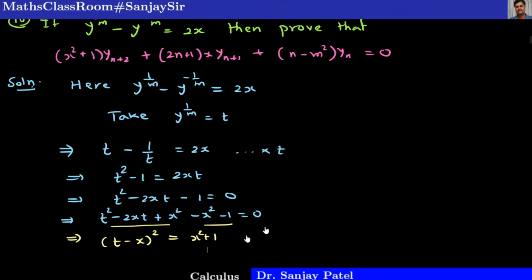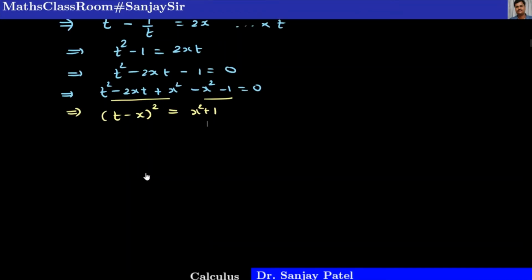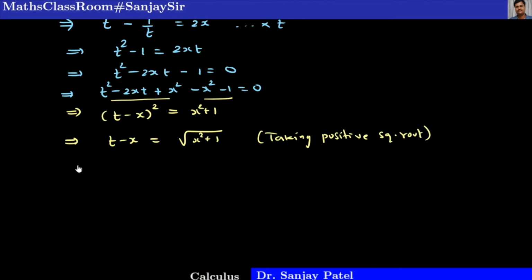Now taking the positive square root on both the sides, what we get is t minus x is equal to square root of x square plus 1. So taking only the positive square root. Now this implies we can rewrite this as t is equal to x plus square root of x square plus 1. But what is t? t was y raised to 1 upon m.